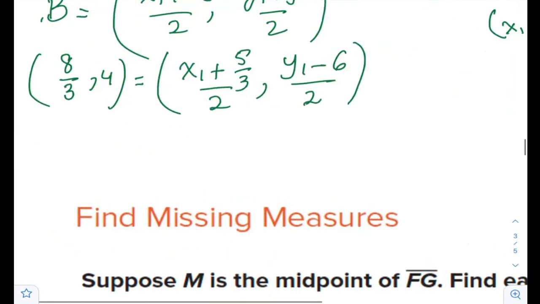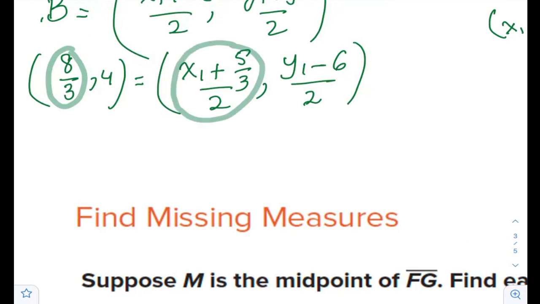I will do the same procedure exactly. So this x coordinate equals to that. So 8/3 equals x1 plus 5/3 over 2.